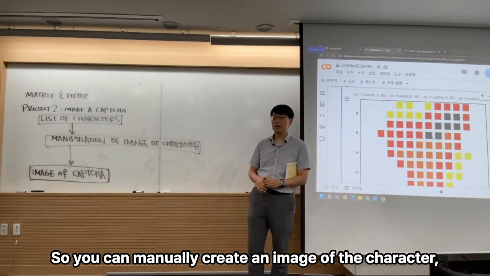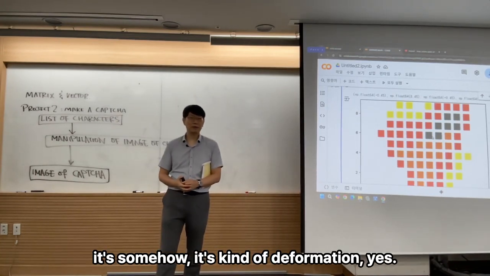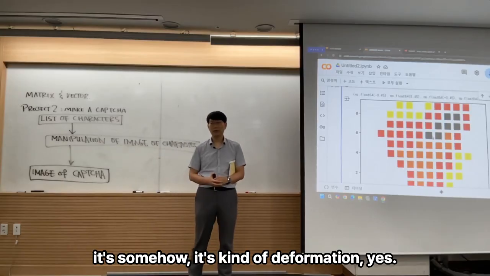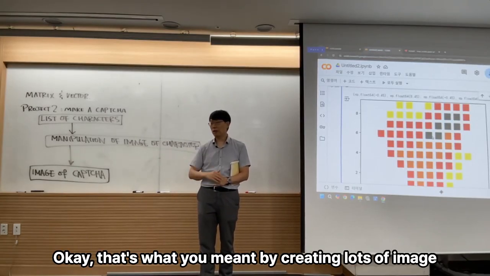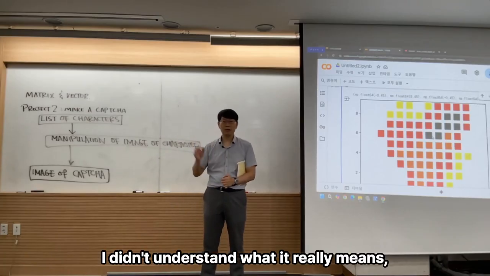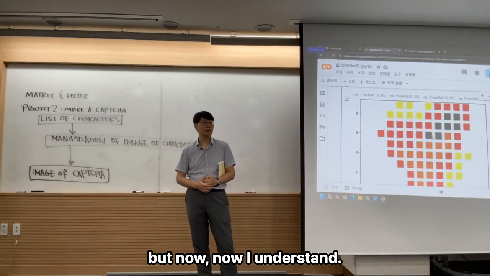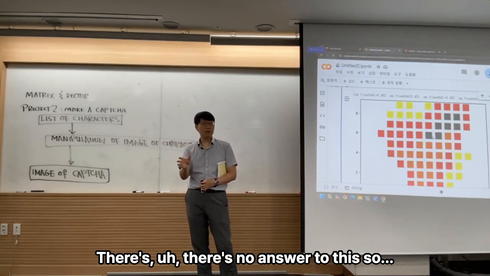So you can manually create an image of the character. It's kind of deformation. Yes. So yeah, that's one way. Okay, that's what you meant by creating lots of images of the numbers. I didn't understand what it really means, but now I understand. So anyone else has thought of other ways of deformation?